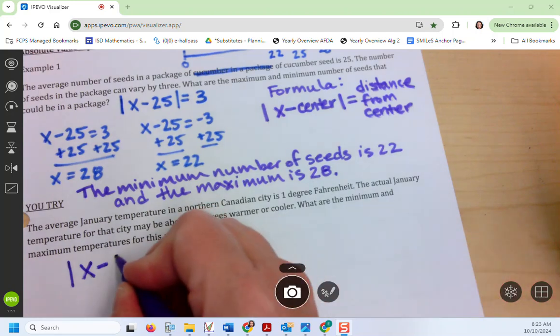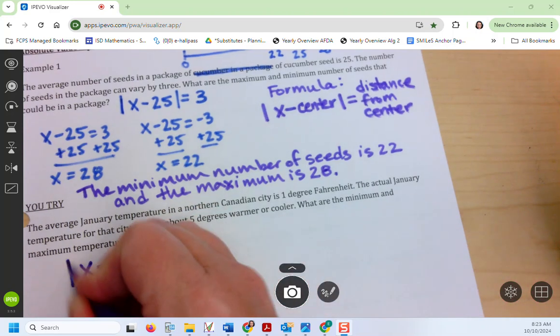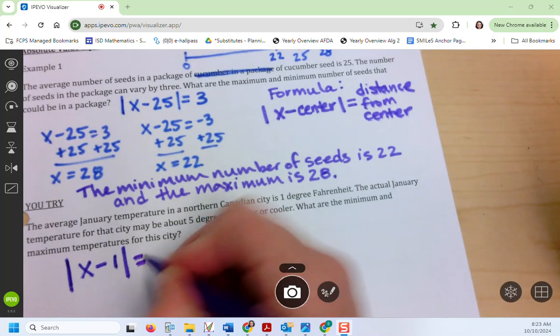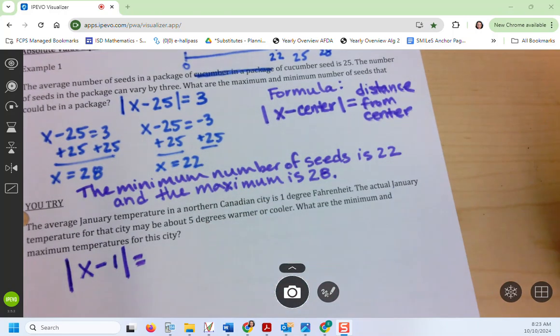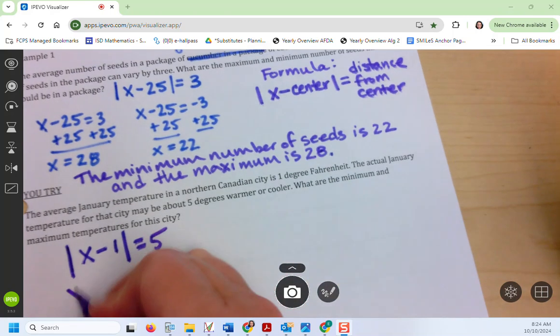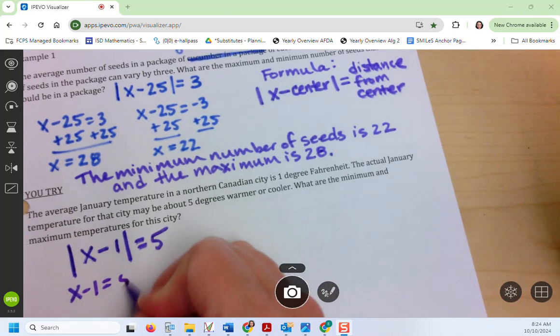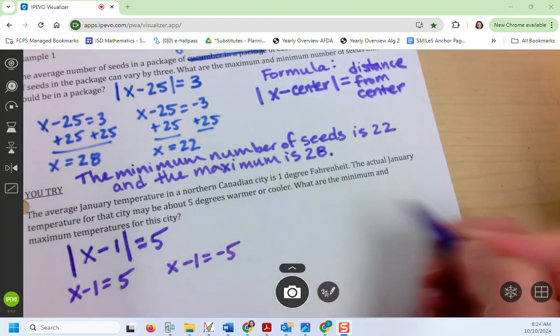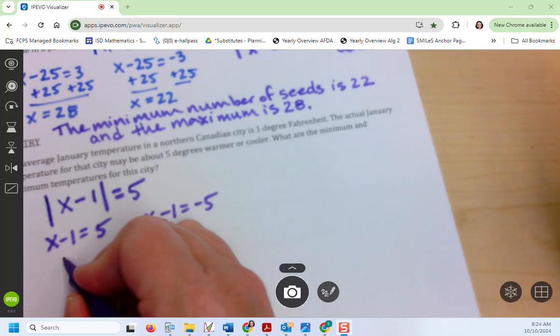So that's what we expect the temperature to be. So that's our center. And then that's going to equal the distance from the center. And how far can we go from the center? 5, good. So that's going to be a 5. And then we're going to solve that. Okay, and then remember to get your 2 solutions.